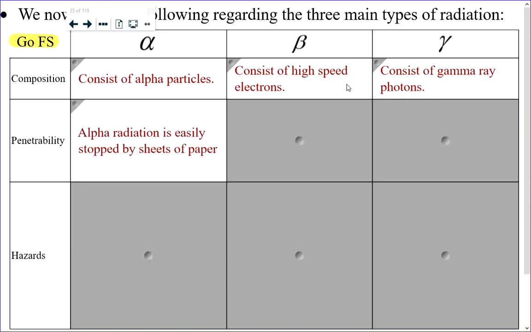Penetrability. Alpha radiation is the least penetrable. If I take alpha radiation, I have a detector here, which is a Geiger counter. That's what it's called. So I have a Geiger counter, and I take a source of alpha radiation, which is that little shiny piece of metal that's there, and it's a low dose.